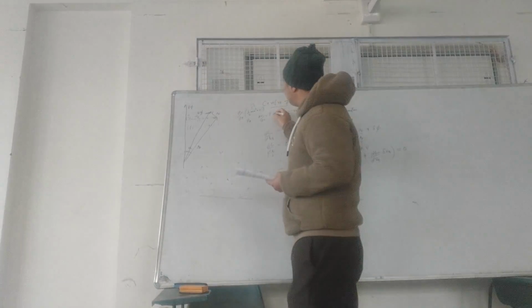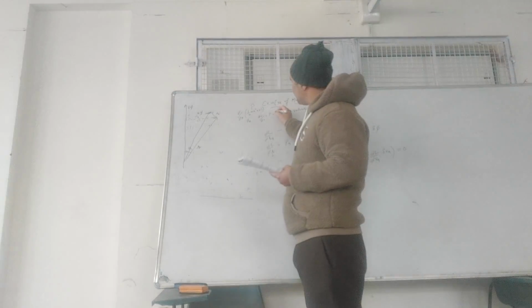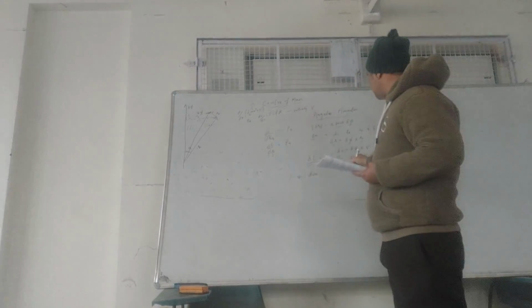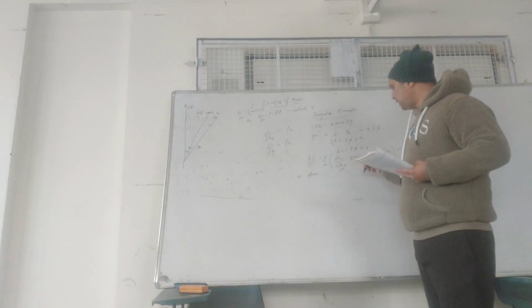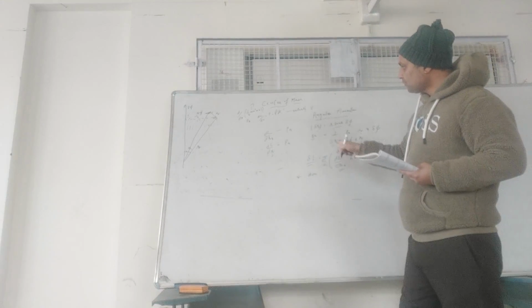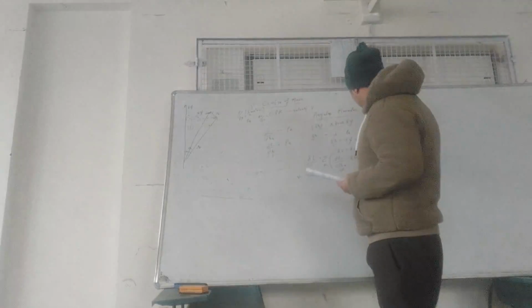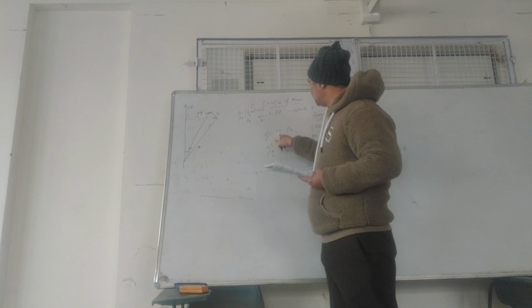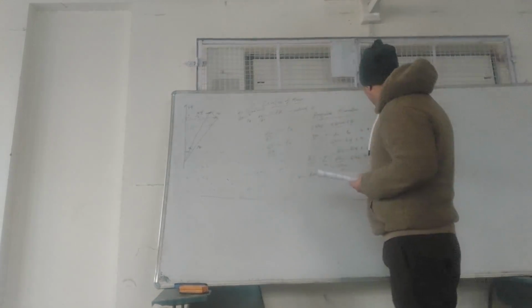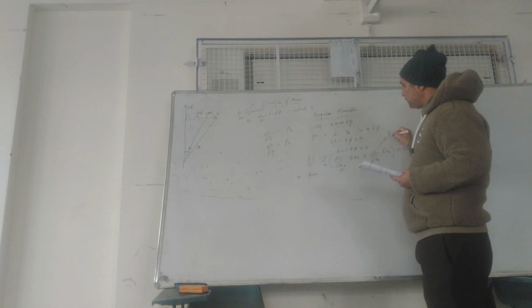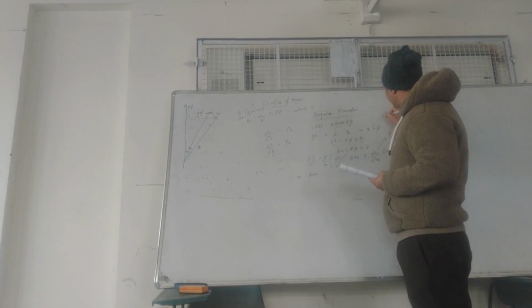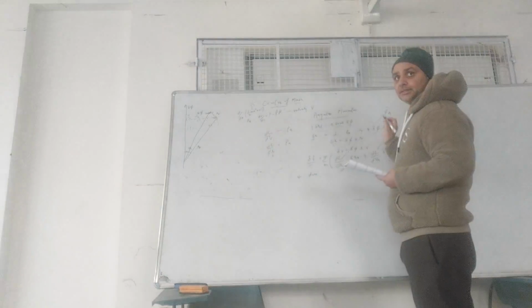Force is equal to m dv by dt, that will be equal to P dot. So we can replace dL by dr, and instead of this we are going to write P dot, and instead of this we are going to write P dot. Okay?